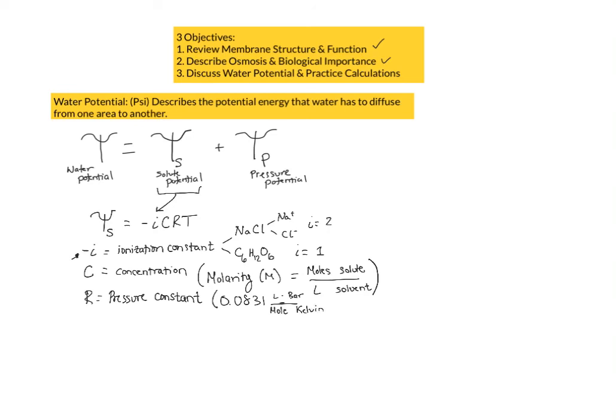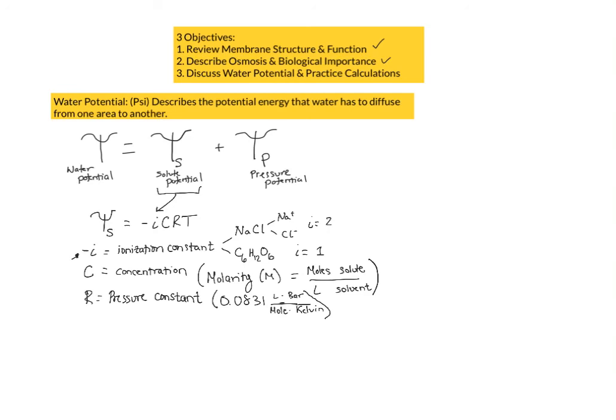So there are 2 units on the top and 2 units on the bottom. We're going to see why this is useful for us when we do some practice calculations. But again, it's not necessary for you to know how that is derived. All you need to know is where it goes in the equation.